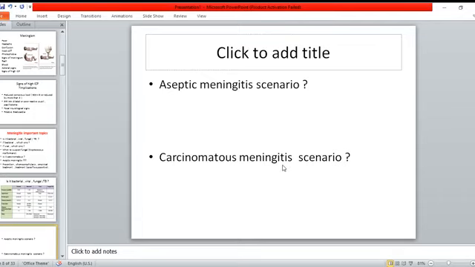Carcinomatous meningitis scenario, from its name, it's meningitis, it's no fever usually, okay, and related to some cancer, as I said, lymphoma, usually the history of breast cancer or lung cancer. And you need to think in this scenario, if we have been provided with a scenario of meningitis, usually it's a patient presenting with these symptoms over months.